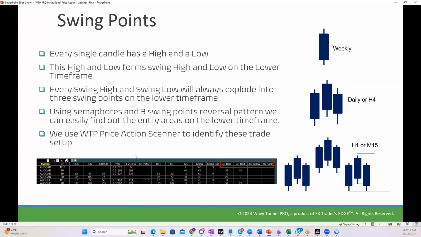Now, as you can see here, I put a snippet of the scanner which I use, and that scanner tells me exactly how many bars ago, in which time frame, this particular pattern has been formed. So this is a 3S, a 3 swing pattern. So swing pattern 1, 2, and 3.